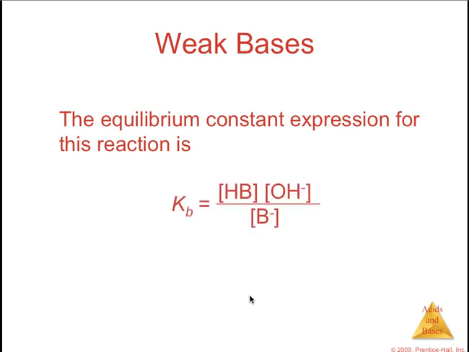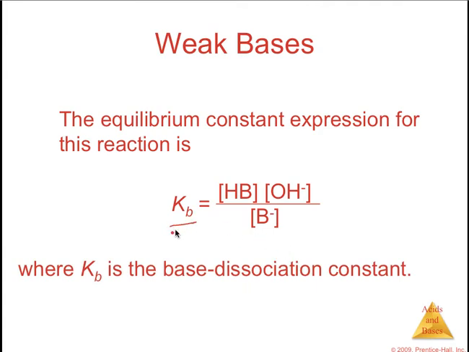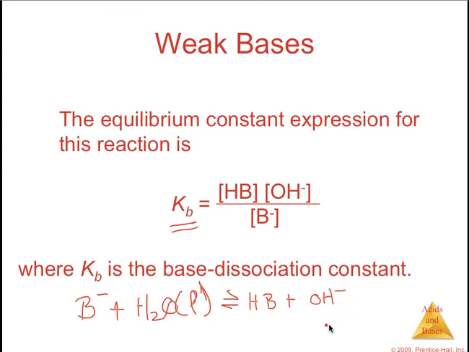If we look further at weak bases, we do have an equilibrium constant expression for those as well. Kb is equal to HB, OH, and the B minus. Again, this is looking at that B minus reacting with water, forming HB plus the hydroxide ion.